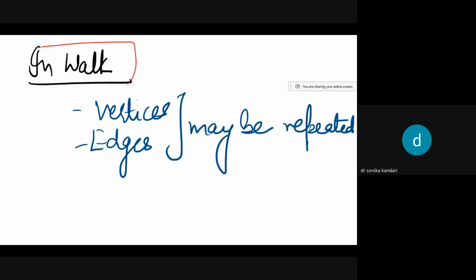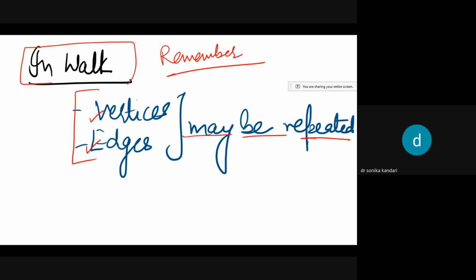In a walk, remember this: vertices and edges may be repeated.